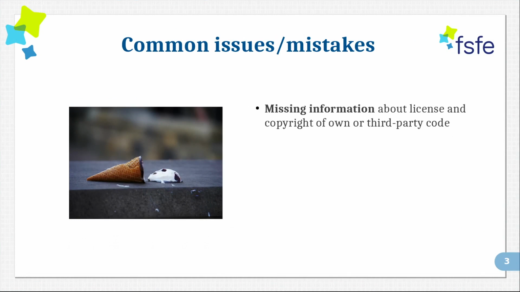So first of all, there is some missing information about license and copyright information of own or third-party code. So sometimes we see some code and we are not sure under what license it is or who the copyright holder is.